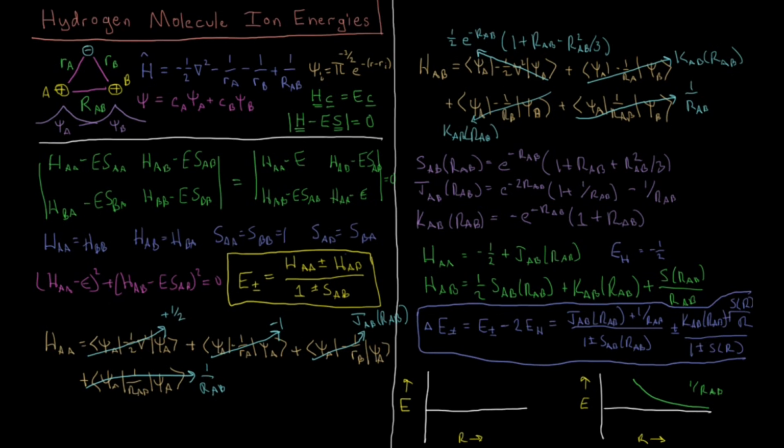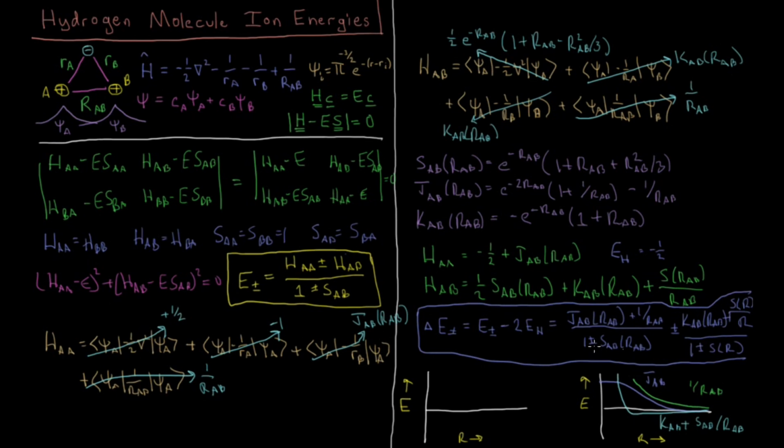We're going to have this term JAB, which starts down low here, then goes up and reaches a maximum. And then we have this KAB plus SAB RAB over R. And that starts out nearly zero, becomes slightly attractive, and then repulsive very quickly. So this term is that K plus S over R.